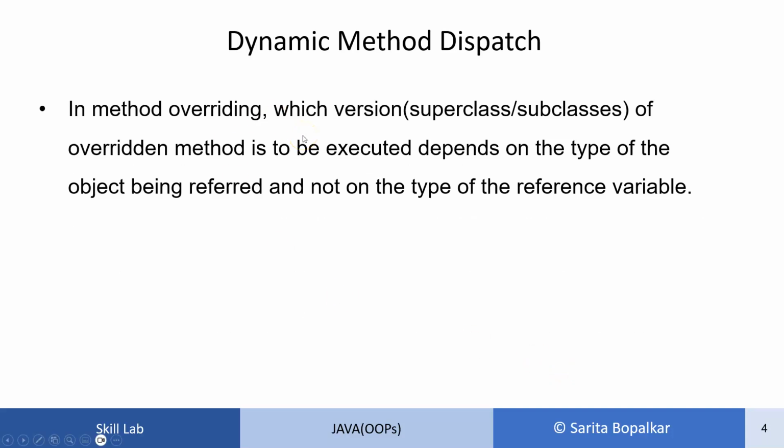In method overriding, which version of the overridden method, superclass or subclass, is to be executed depends on the type of the object being referred to and not on the type of the reference variable.